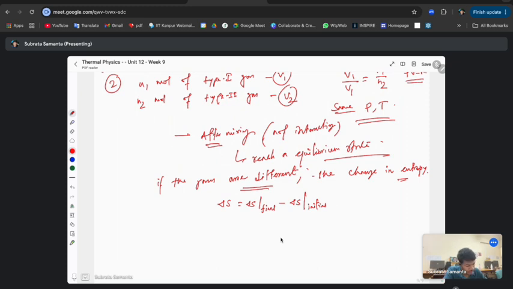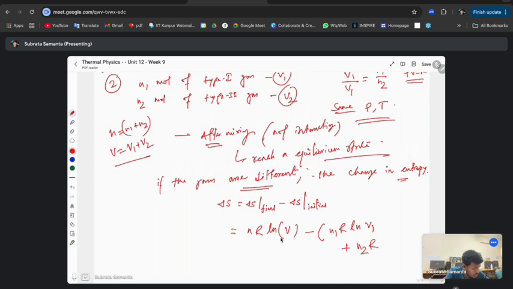In the delta S final, their total N is N1 plus N2. So this is basically N R ln V, where the total volume V is V1 plus V2, minus the initial one. The first one is N1 R ln V1 plus, since entropy is additive, N2 R ln V2.